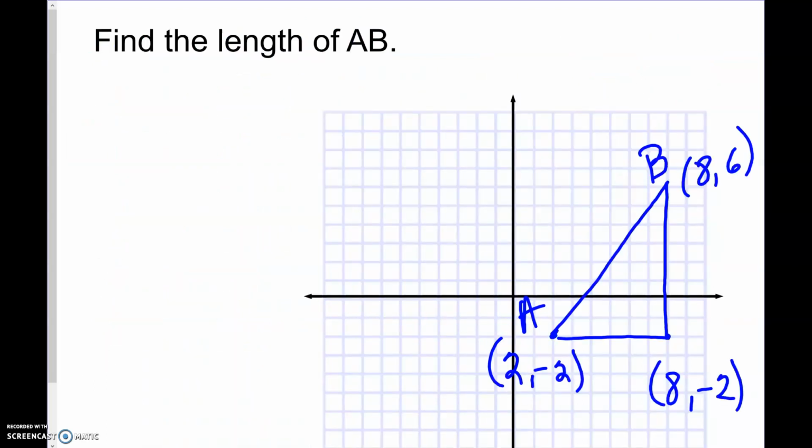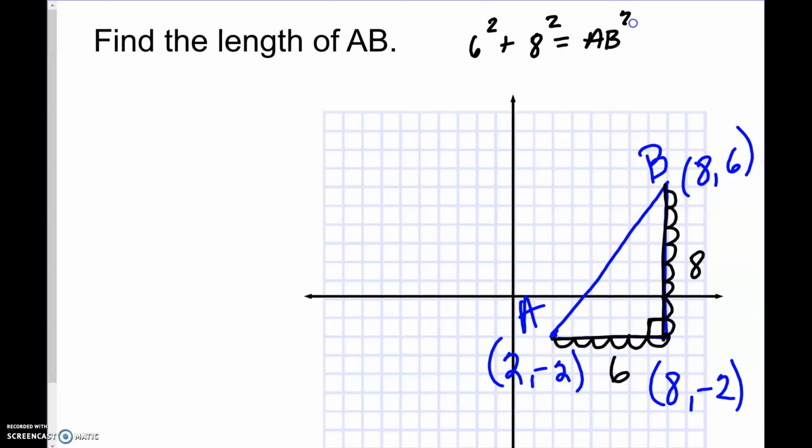All right, so we're still finding the length of AB. If we look at this, we have an exactly horizontal and an exactly vertical side. So this right here is a right angle, which means we can use the Pythagorean theorem. Let's count. This leg is 1, 2, 3, 4, 5, 6, so this length is 6. Now let's count up: 1, 2, 3, 4, 5, 6, 7, 8. This is 8. So I'm going to set up 6 squared plus 8 squared equals AB squared.